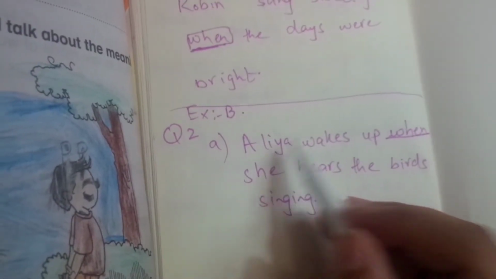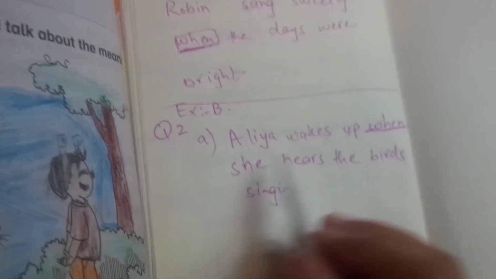It's going to become: Alia wakes up when she hears the birds singing. Now you have to make sure that when you're combining these two sentences, the first letter of the next sentence has to be changed into a small letter, because now it has become one sentence, so there is no need for it to be a capital letter because it's not a separate sentence.